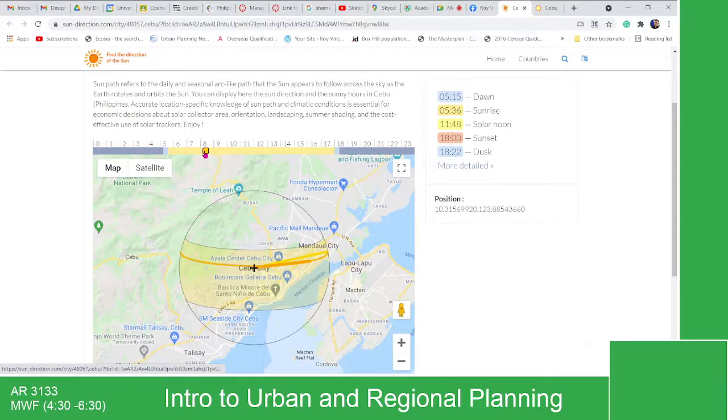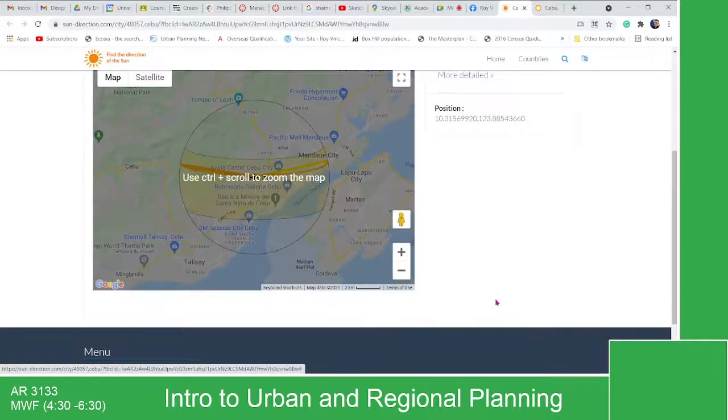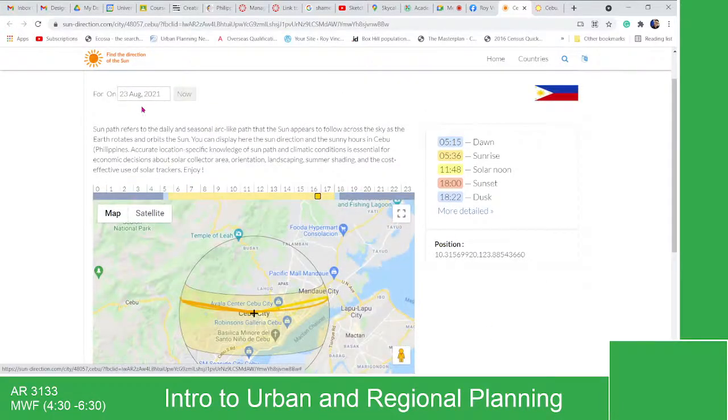Anyway, if you notice, this is 8 a.m., 9 a.m., and the line that's changing is this thick yellow line here. That's plotting the movement of the sun, from sunrise in the east to sunset in the west. And then you can adjust the months here. So this is August 2021 now.